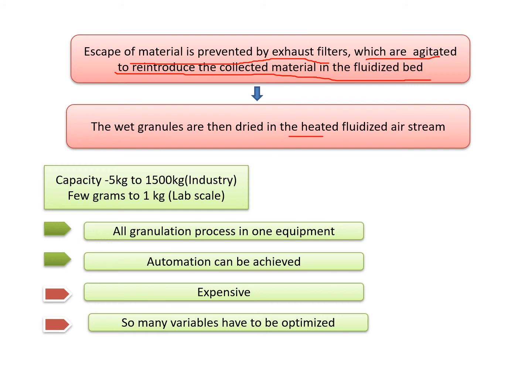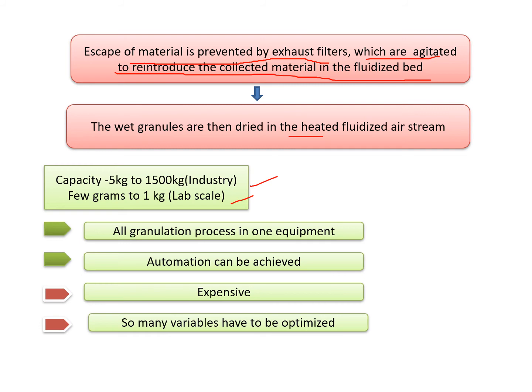So after some time when the granules are formed, we switch off the nozzle which is spraying the liquid, and with the help of the heated air stream, these granules are dried. These types of granulators may have a capacity of 5 kg to 1500 kg for industries, and from a few grams to 1 kg for laboratory scale.